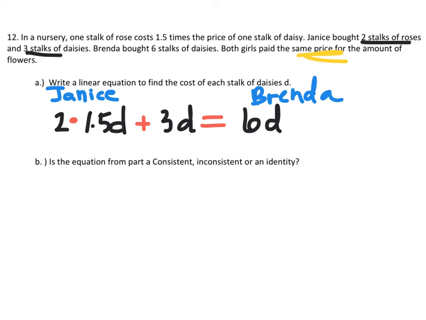Now we're going to solve. So we're going to do 2 times 1.5, which simplifies to 3D, and then plus 3D, that's 6D. So we get 6D equals 6D.